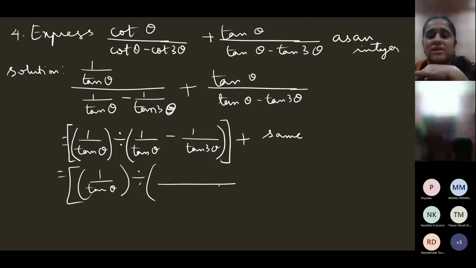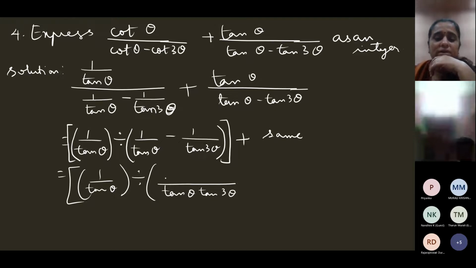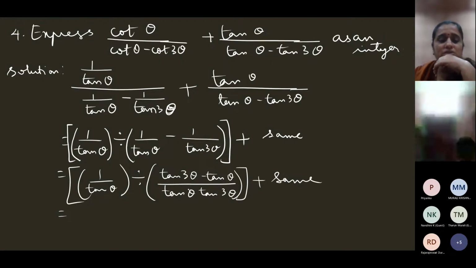If the denominator is x and the other denominator is y, what is the LCM of x and y? xy. So the common denominator is tan theta into tan 3 theta. Now what will you get in the numerator? Tan 3 theta minus tan theta. Very good. Plus the same thing, children. What's the next step? Division will become multiplication, right?